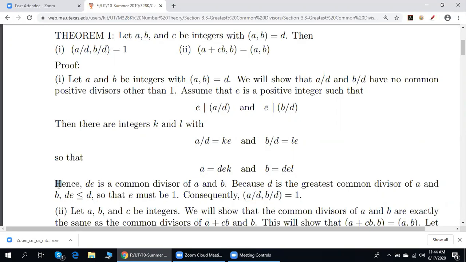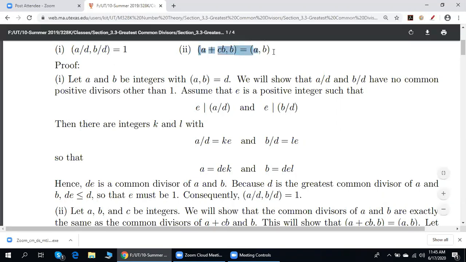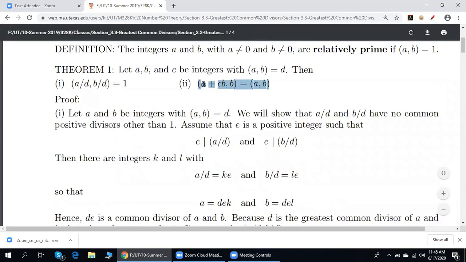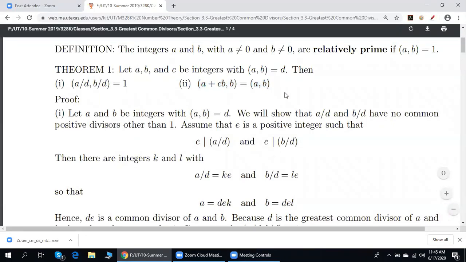Okay, that makes sense. Now, let us prove this. In words, what is written here means the following.